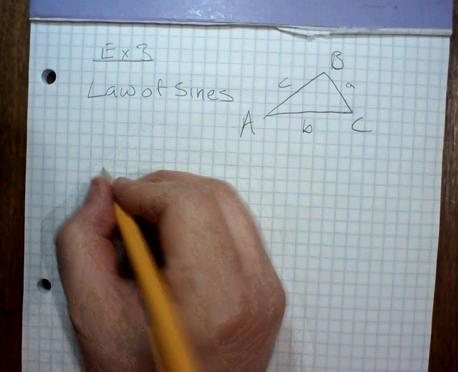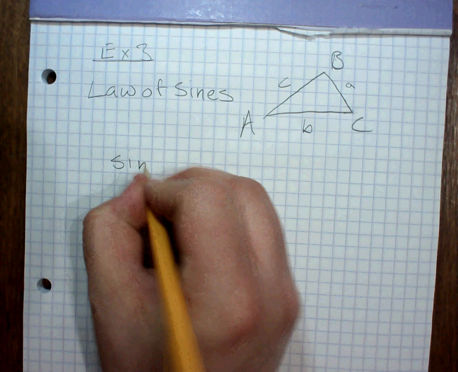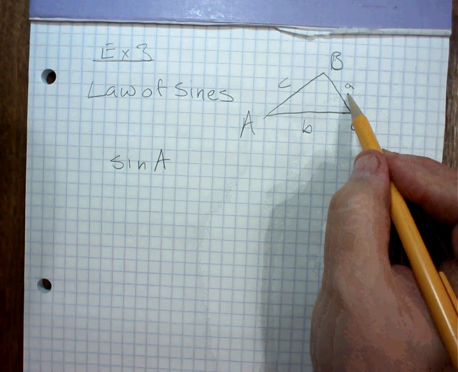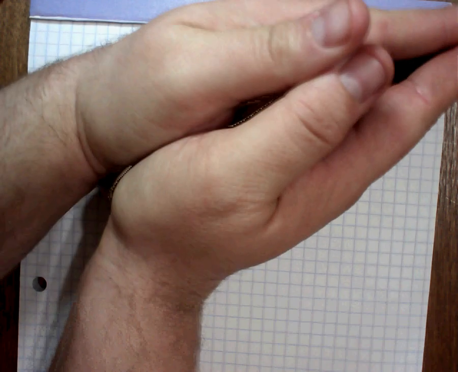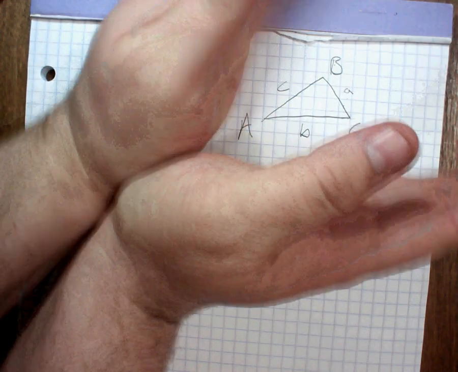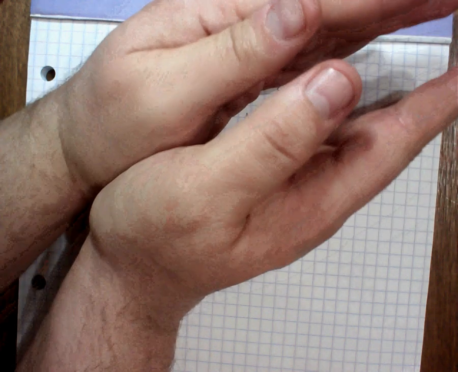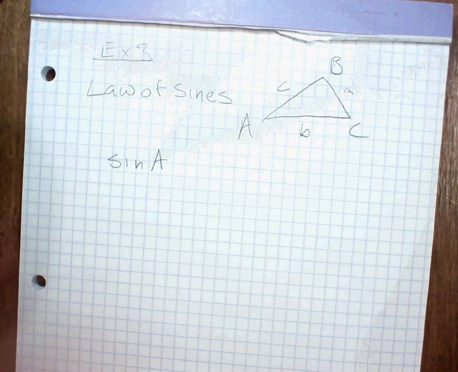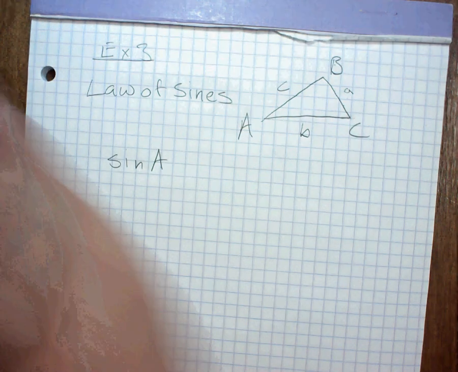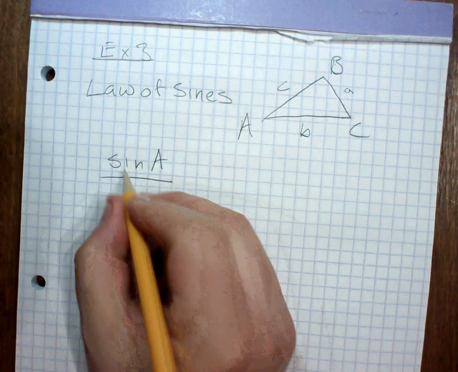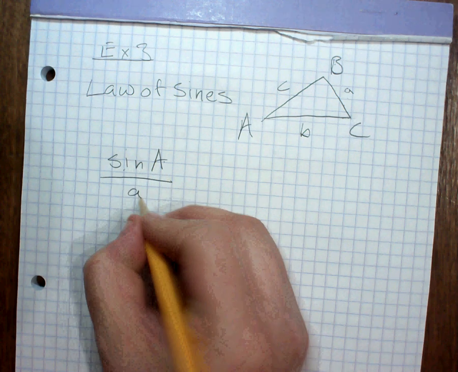There's a ratio because sine of capital A corresponds to the length. In other words, if I take my hands and I open up my hands to the angle A, obviously if I open my hands wider, the length of lowercase a will change if I close them, right? Does that make sense? So then there is a proportionality between sine of capital A and lowercase a.